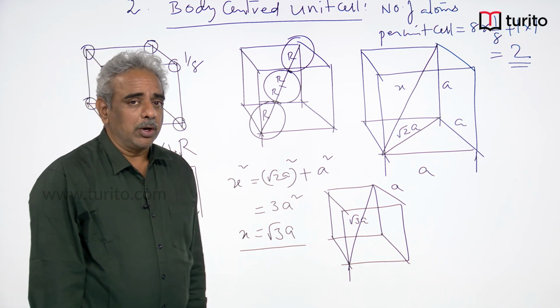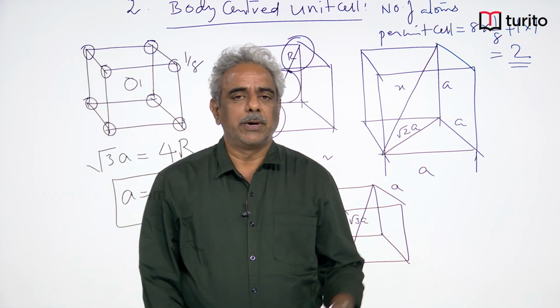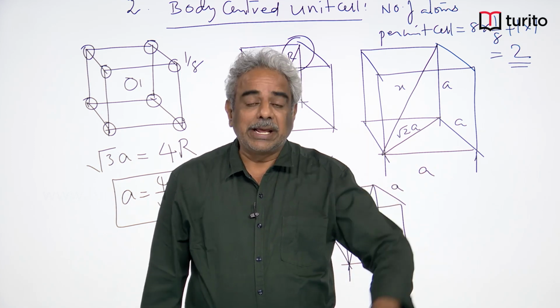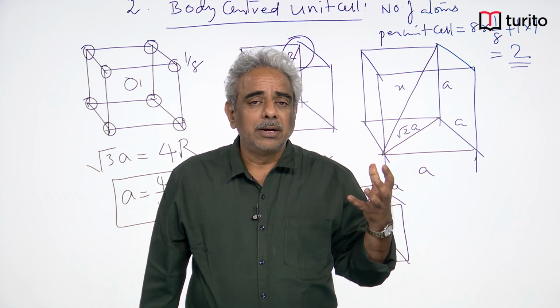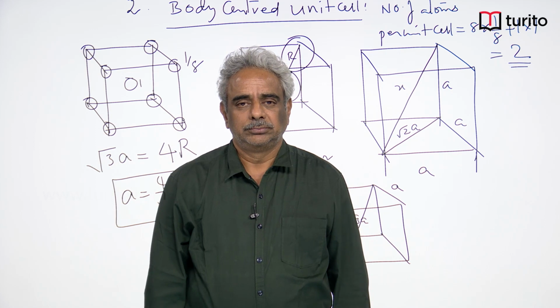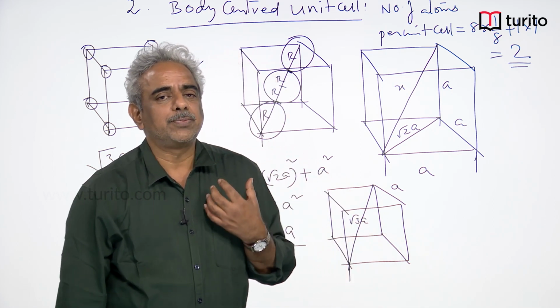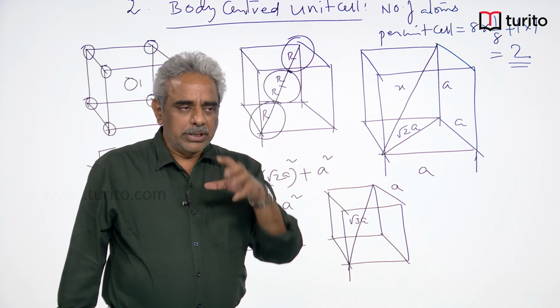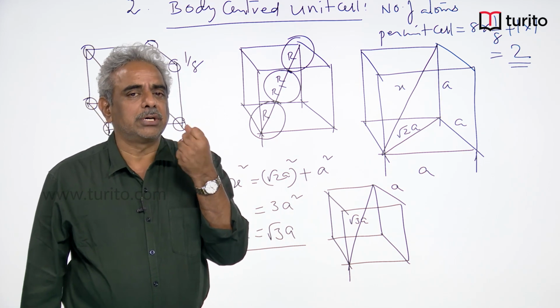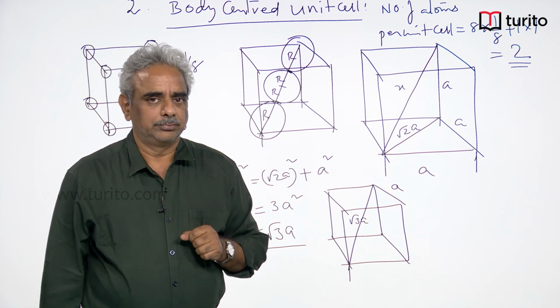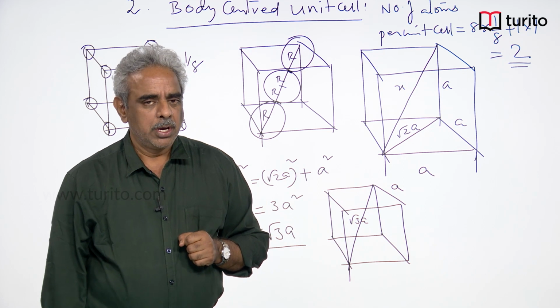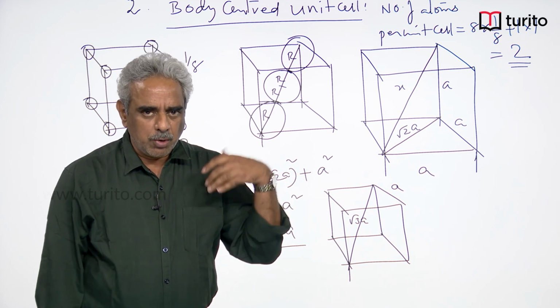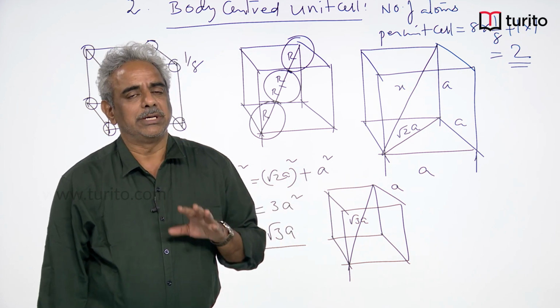What else should we calculate in this particular unit cell case? We have to calculate packing efficiency. Packing efficiency means packing fraction. So, in this unit cell, how much fraction is occupied by the spheres? This is also a simple logic, volume occupied by volume of the unit cell.